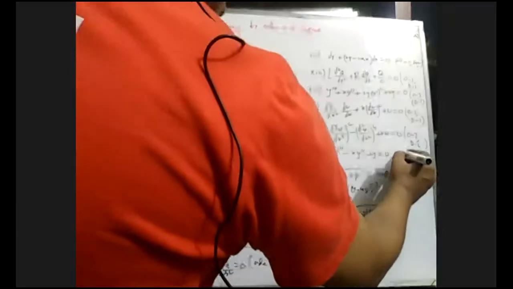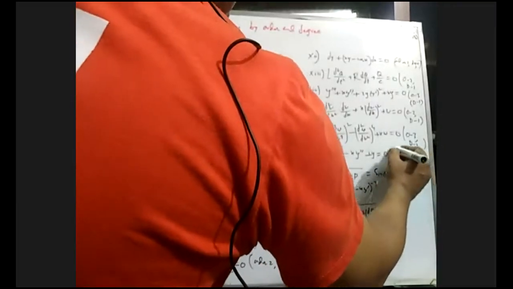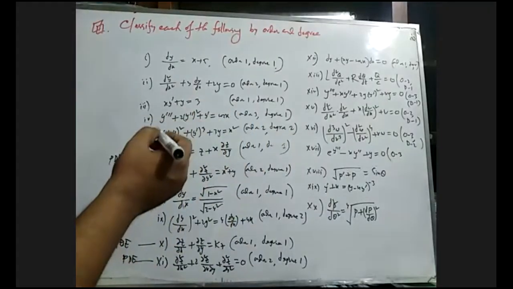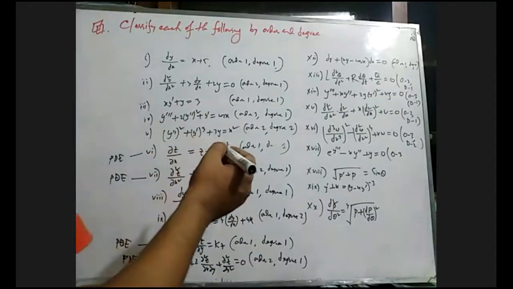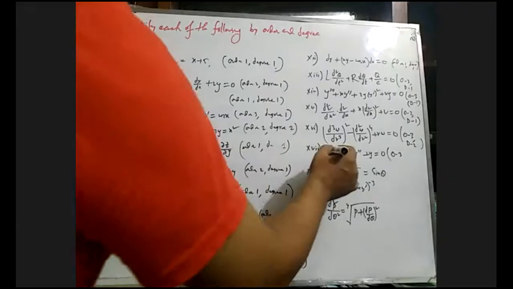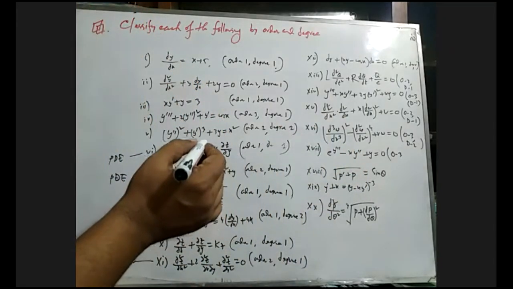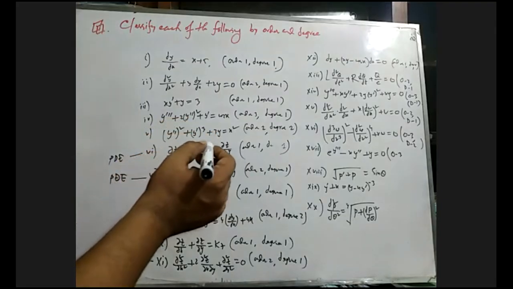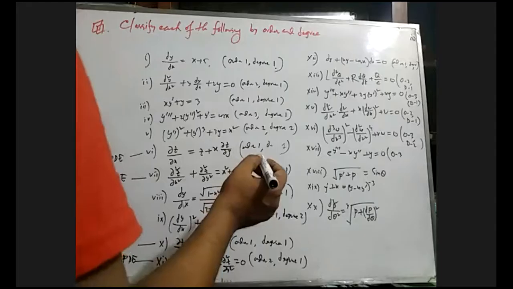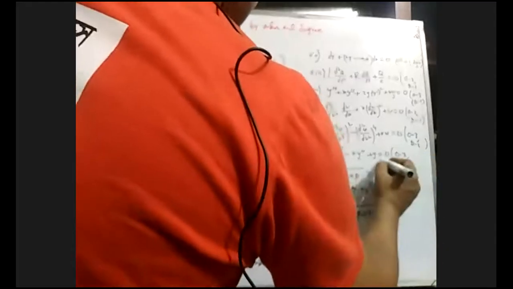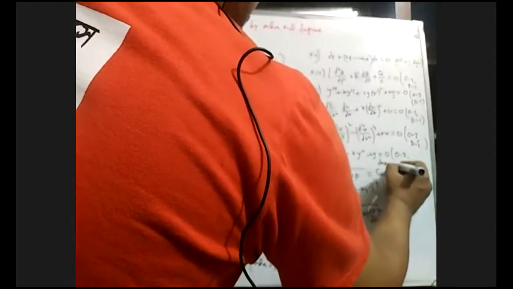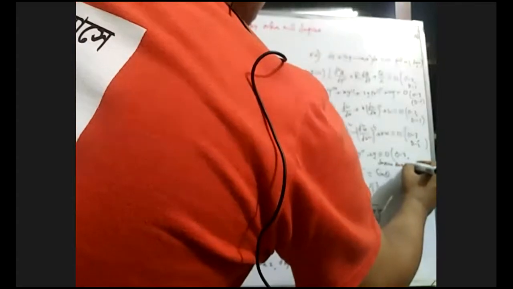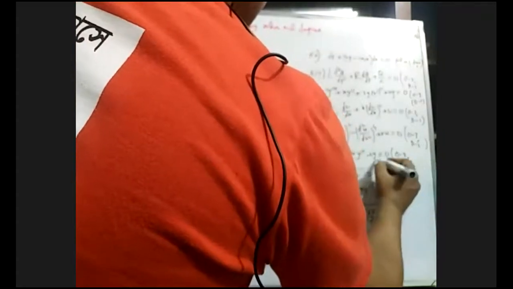This is why order will be 3, but degree cannot be applied here because this is the power of an exponential function. If there is any power of an exponential function, then degree cannot be measured. So degree does not apply here. Remember it.